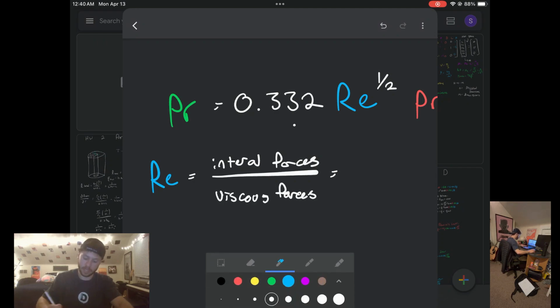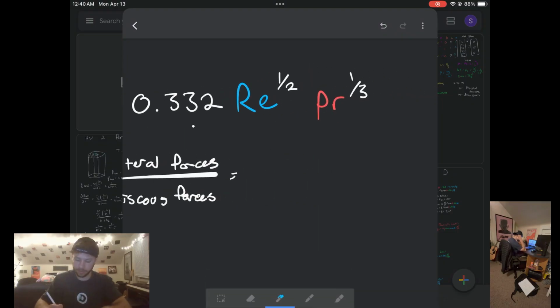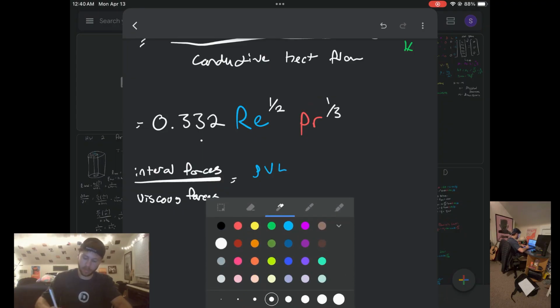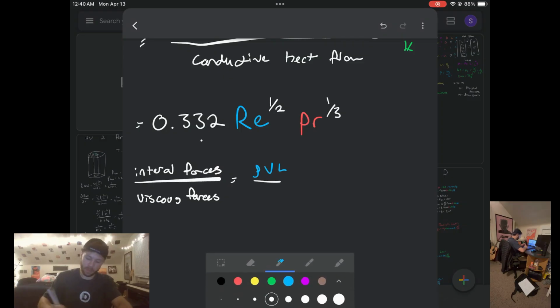So what that looks like would be our density times our velocity times our length here, all divided by our viscosity.